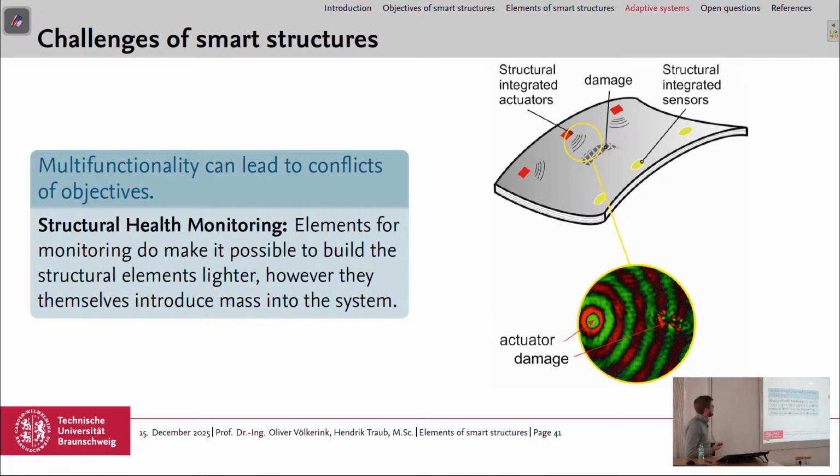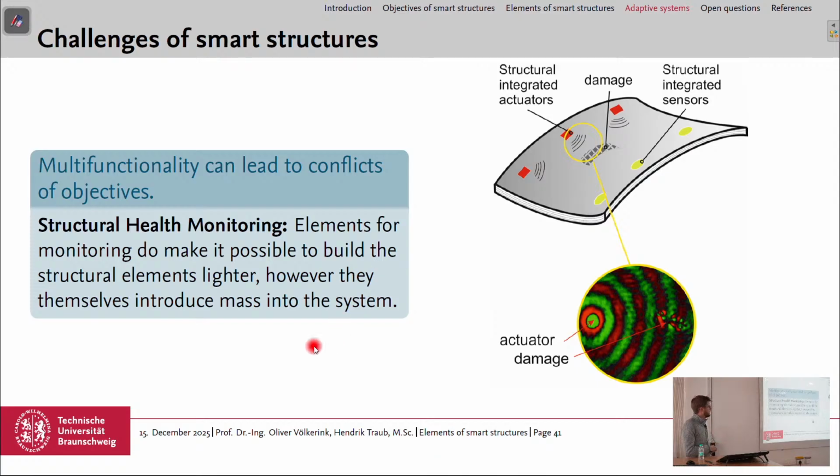Another trade-off or conflict in objectives is the multifunctionality. If you have a structure with an integrated structural health monitoring system, you can, at least in theory, build the structure lighter, because you know about damages, and you don't need so much safety margin for the inspection intervals.